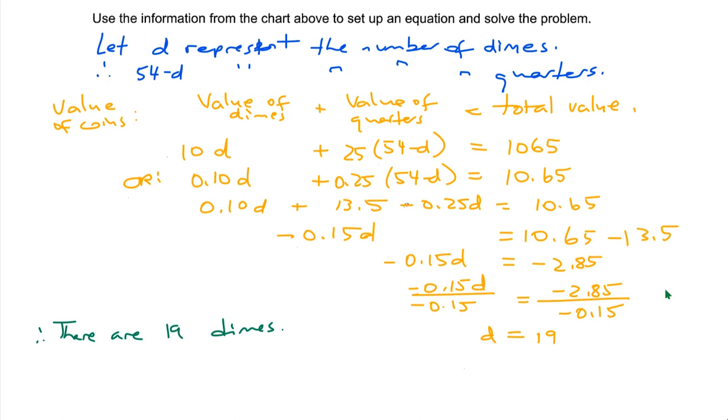The let statement says there's 54 minus D quarters. So 54 minus 19 is 35. And 35 quarters. Okay? All right. Keep practicing. Thank you. Keep watching.